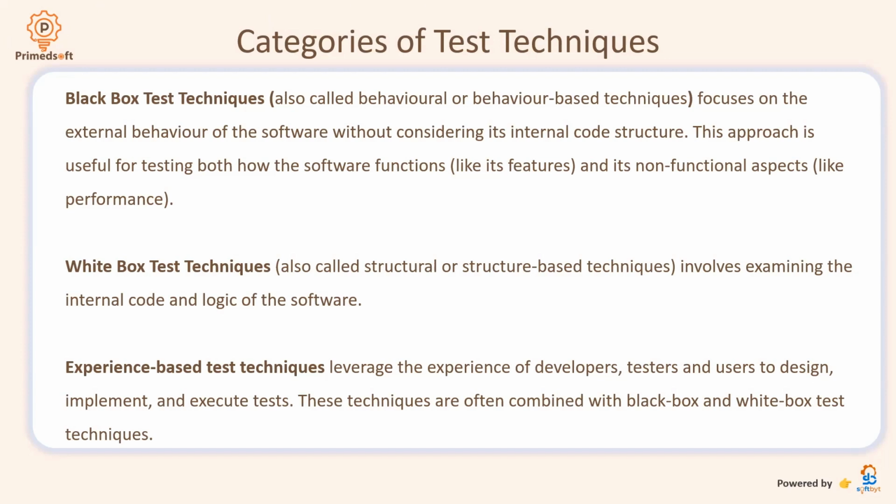But for white box testing, the test conditions, the test cases, and test data are derived from the test basis that may include code, software structure, detailed design, or any other source of information regarding the structure of the software. So you're looking at the code, the architecture of the software, the design, and all the logic that has been written, right? So that is the characteristics of white box testing.